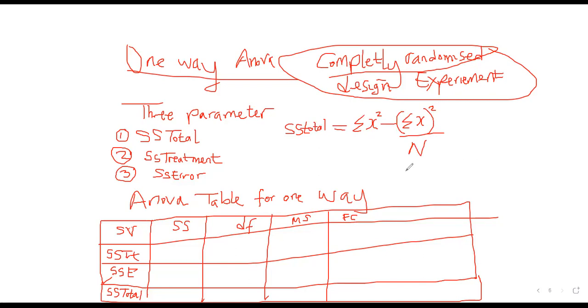Then sum of square of treatment is given by summation of T_i squared over small n, then minus summation of x, squared, over capital N. So these are the formulas that we need.